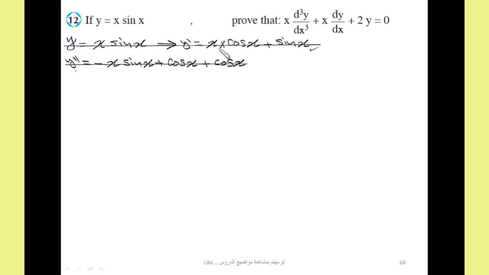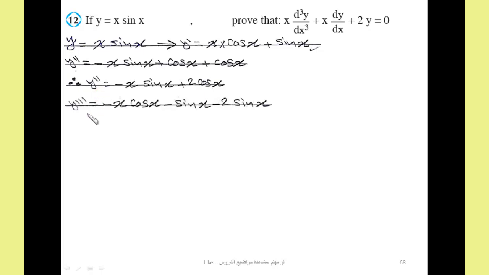So we have the derivative of x cosine x is negative x sine x, plus the second times the derivative of the first, will be cosine x, and the derivative of sine x is cosine x. So cosine x plus cosine x equals 2 cosine x. This is y double dash. Then we make the derivative for the third time. Y triple dash equals negative x cosine x minus sine x, and the derivative of 2 cosine x is negative 2 sine x.